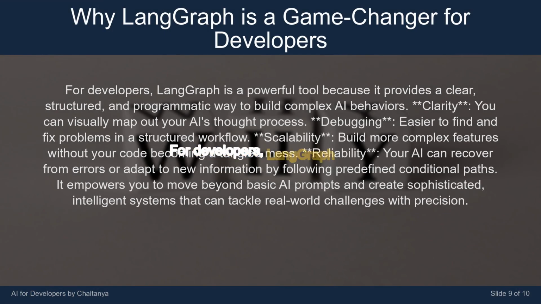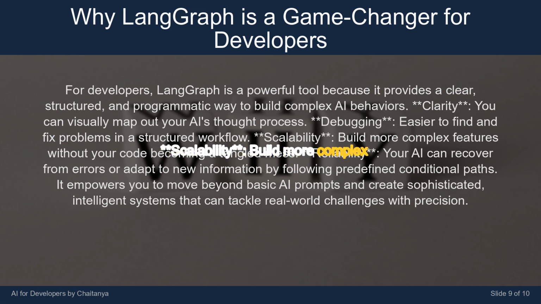For developers, LangGraph is a powerful tool because it provides a clear, structured, and programmatic way to build complex AI behaviors. Clarity. You can visually map out your AI's thought process. Debugging. Easier to find and fix problems in a structured workflow. Scalability.